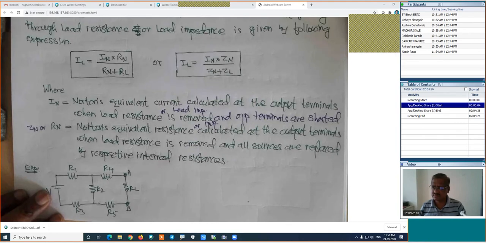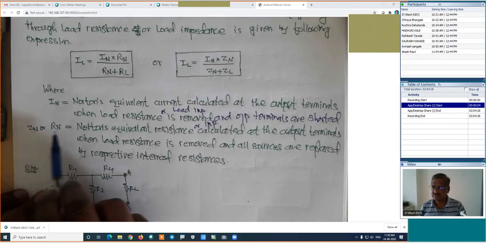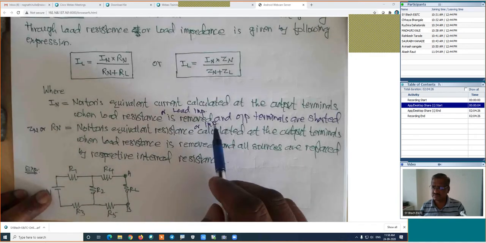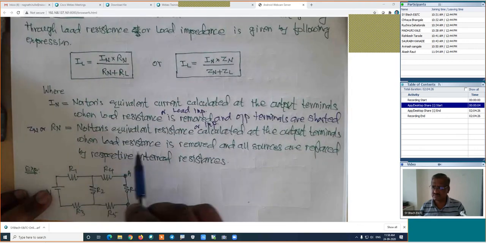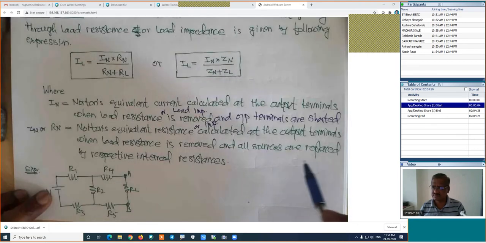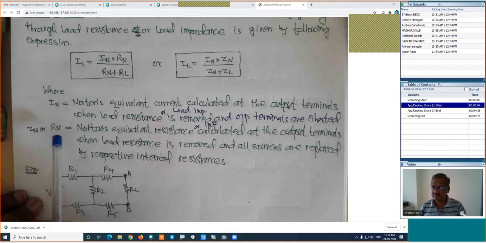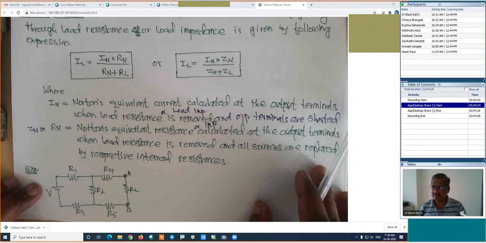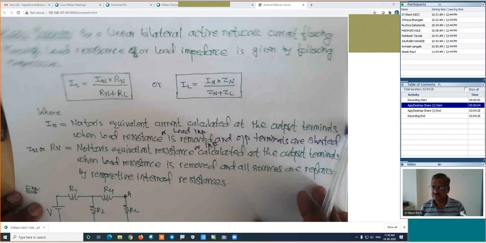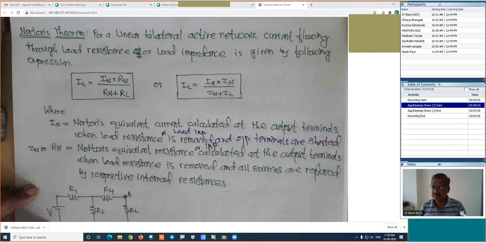Finally, what is Zn or Rn? It is Norton's equivalent resistance or impedance calculated at the output terminals when the load resistance is removed and all independent sources are replaced with their internal resistances. Here, its name is different only. In the Thevenin's theorem, the same impedance or resistance is known as Thevenin's resistance, and in the Norton's theorem, the same value is known as Norton's impedance.